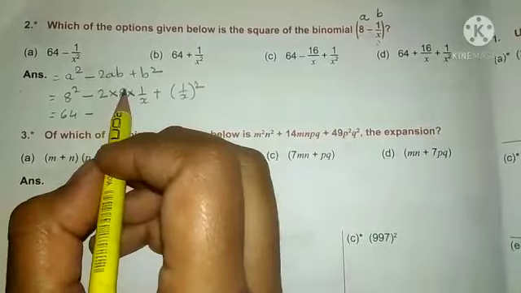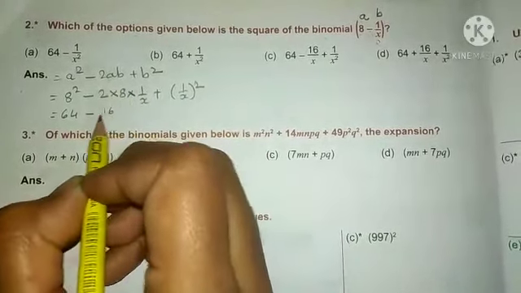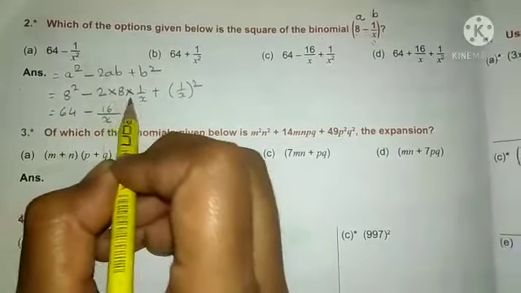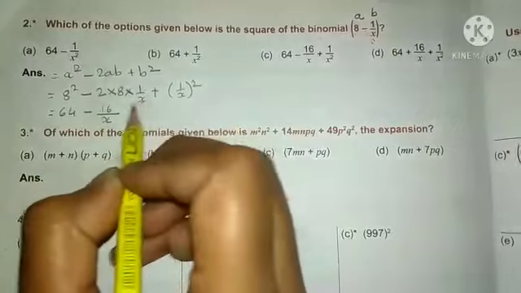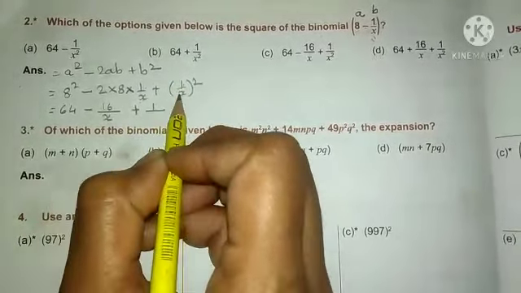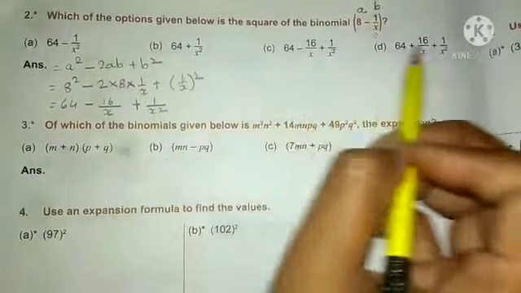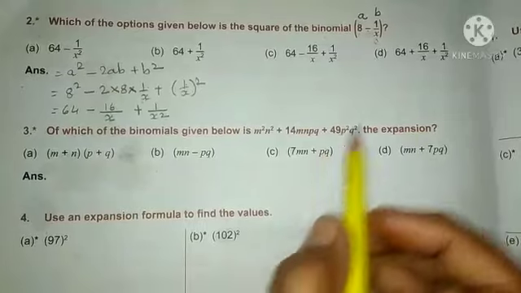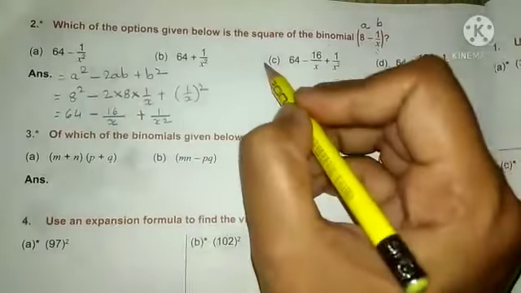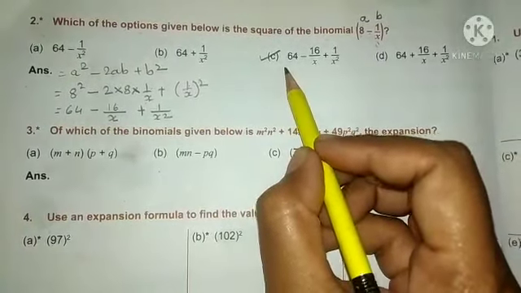Now here, how will you do the calculation? 2 8s are 16, 16 1s are 16, and in the denominator x will come as it is, because only the denominator is x. Plus 1 1s are 1, x multiplied by x is x square. So from the given options, which is the square of 8 minus 1 upon x? That is C. So this C is your correct option.